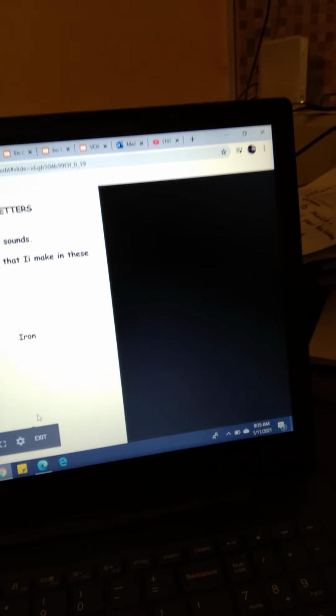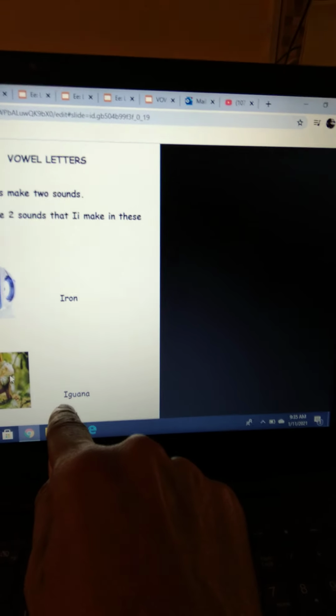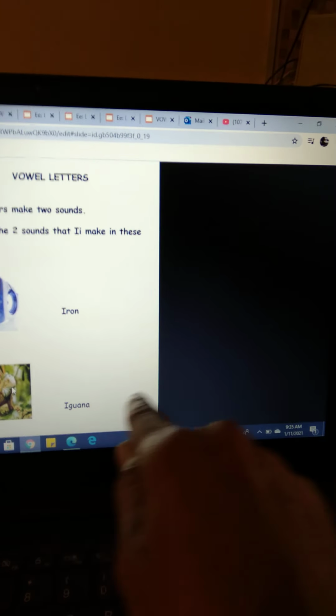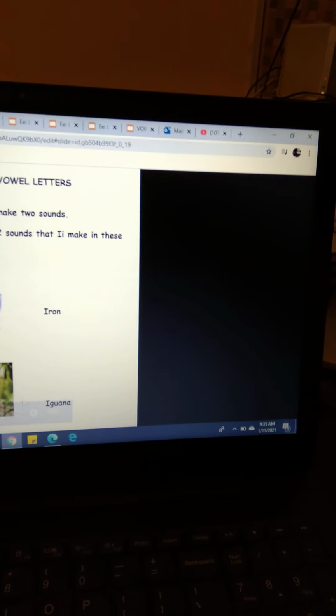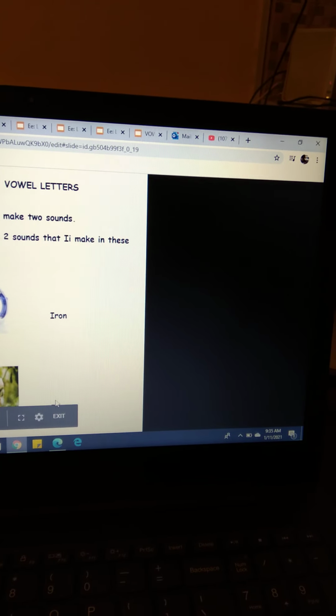Okay, in the meantime, this is an iguana. And that word over here says iguana. Now, what sound do you hear that I making in iguana?